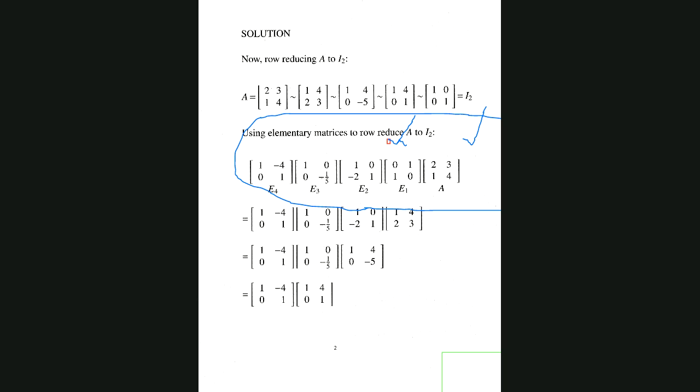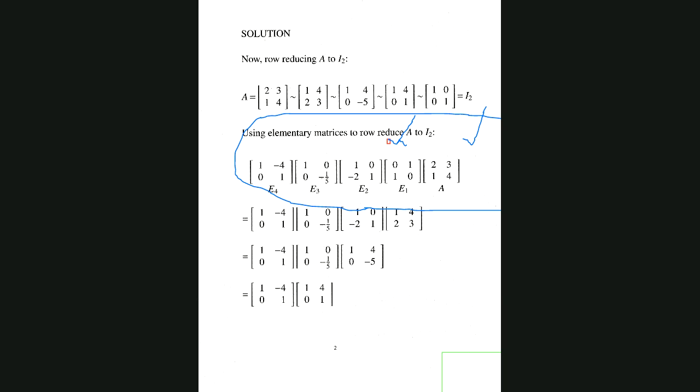Now, how did we get 1, 4, 0, 1 on the third step? What did we have to do? We multiplied the second row by negative 1/5. So what am I going to do to get the elementary matrix that will do that?